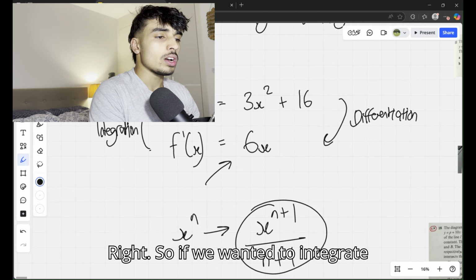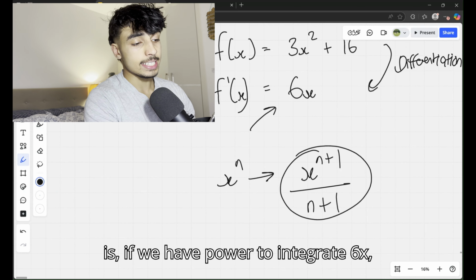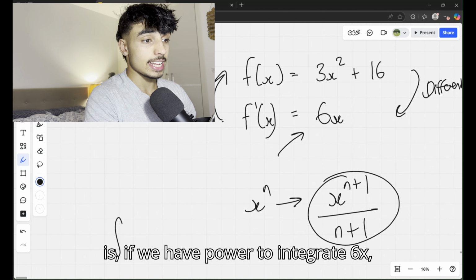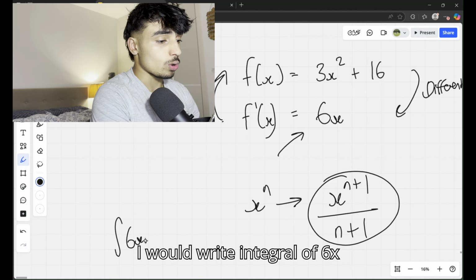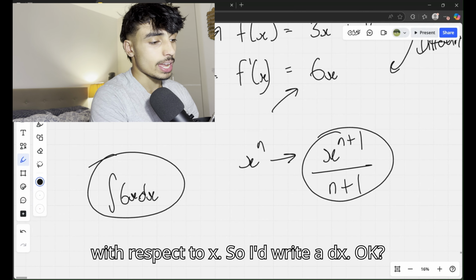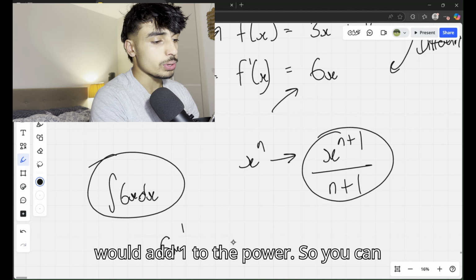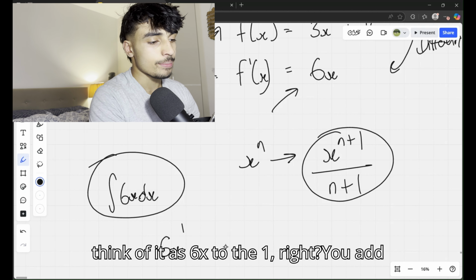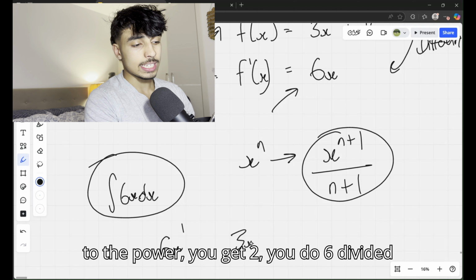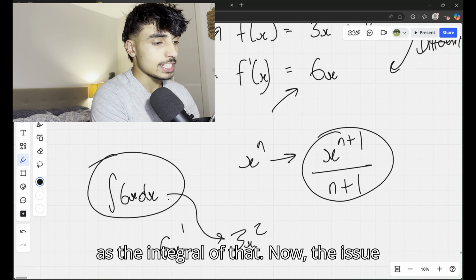So if we wanted to integrate 6x, the notation is, I would write the integral of 6x with respect to x, so I'd write a dx. That is how you write the notation. So I would add 1 to the power, so you can think of it as 6x to the 1. You add 1 to the power, you get 2, you do 6 divided by 2, that's 3, so you get 3x squared as the integral of that.